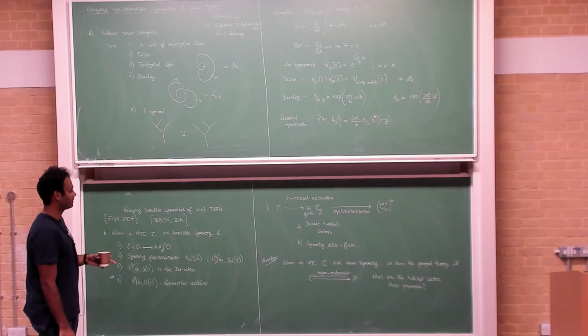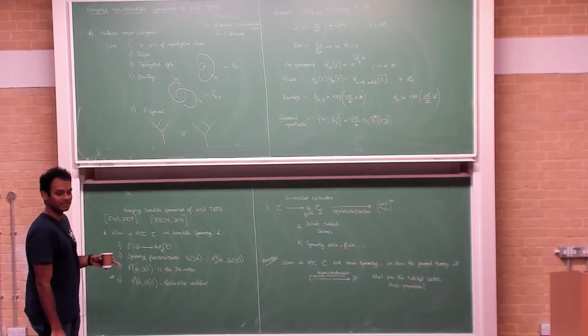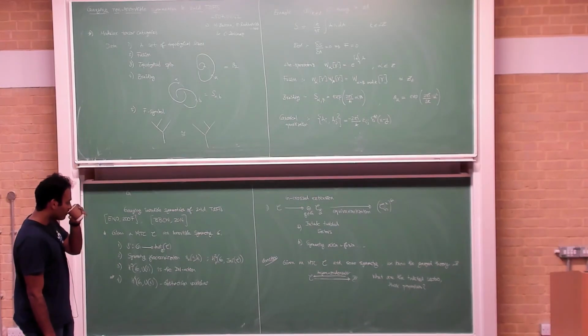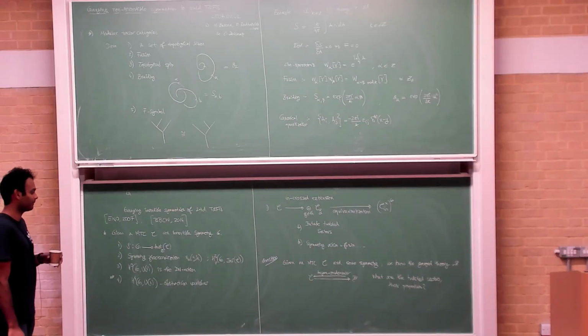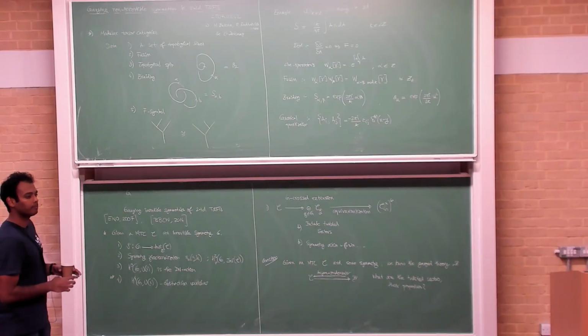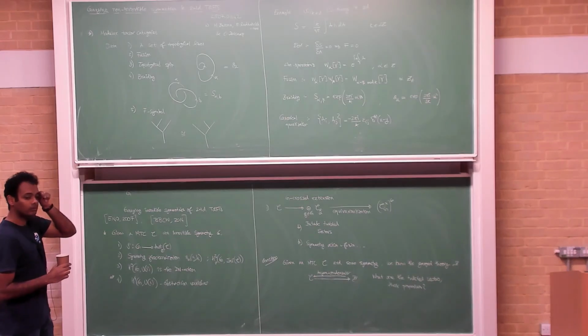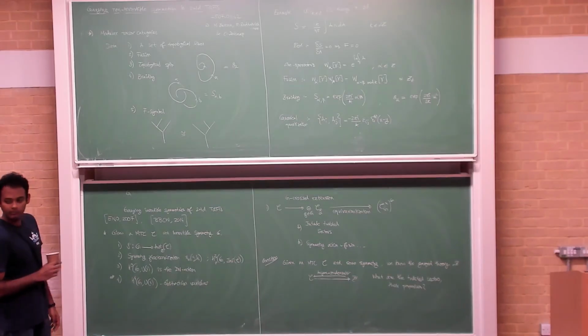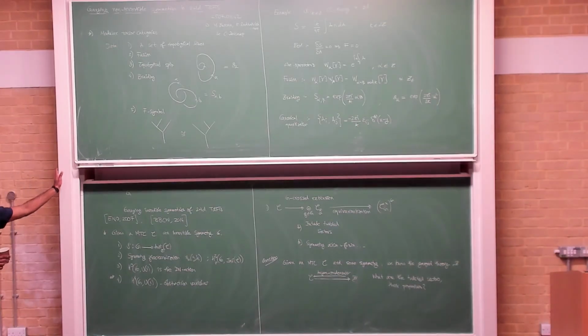Yes. But there are simpler examples, I think. G will be a zero form symmetry. B is the gauge theory.